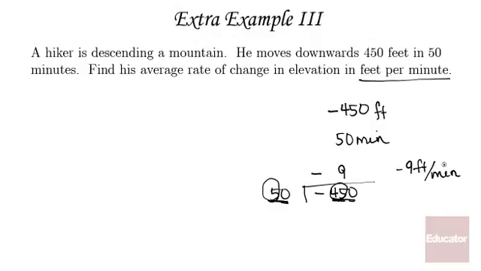You could also set this up as a proportion. So you're moving downwards 450 feet every 50 minutes. And as I just said, per minute means for 1 minute. So you could put 1 minute here. And then you're looking for the change in elevation.